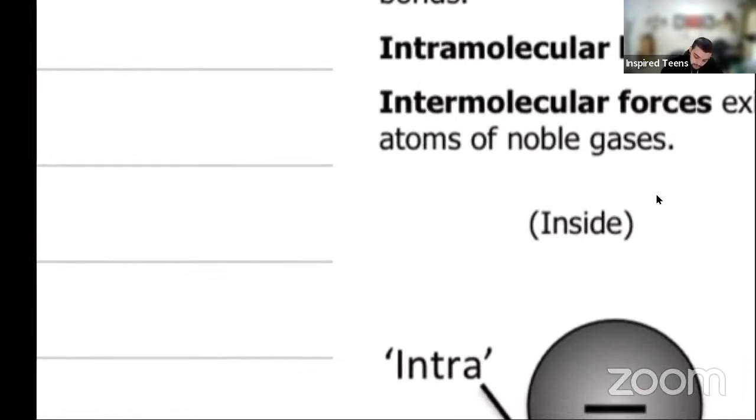For intramolecular bonds, let's say we have an oxygen bonded to a hydrogen. When we have this oxygen bonded to a hydrogen, this is just a regular H2O molecule.